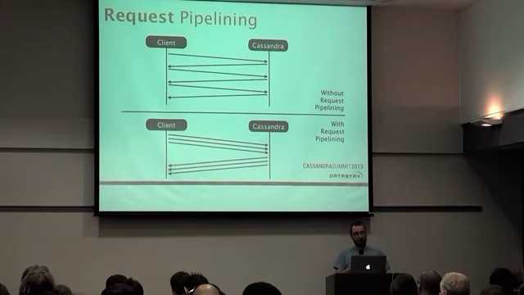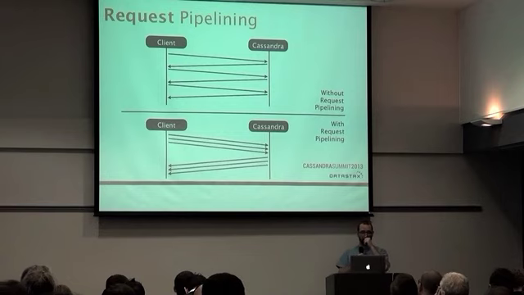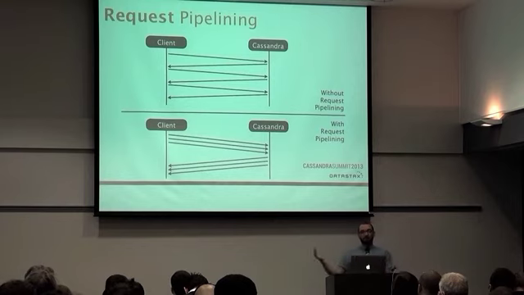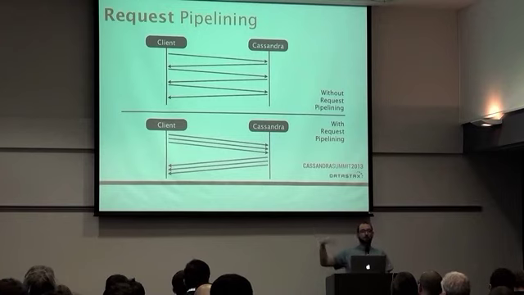That's request pipelining. Request pipelining, as you can see on this diagram, is simply about the fact that the client doesn't wait anymore for the response to come before sending the next request. So whenever the response comes back to it, it will just dispatch it to the client thread that is waiting for the answer, following a stream ID, a kind of dispatching ID that is attached to every request.